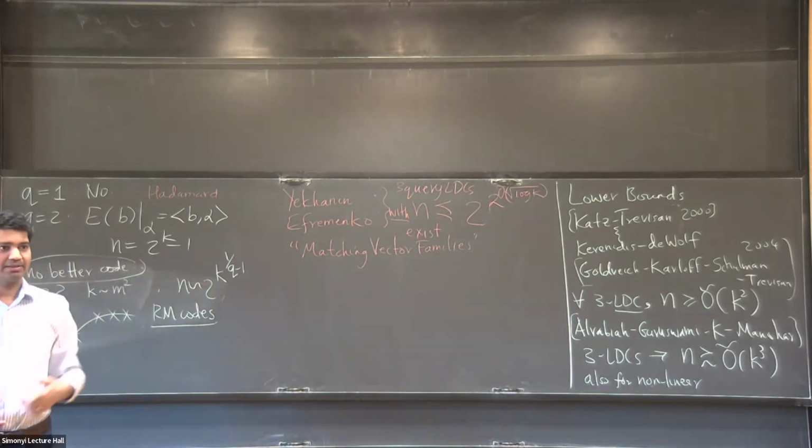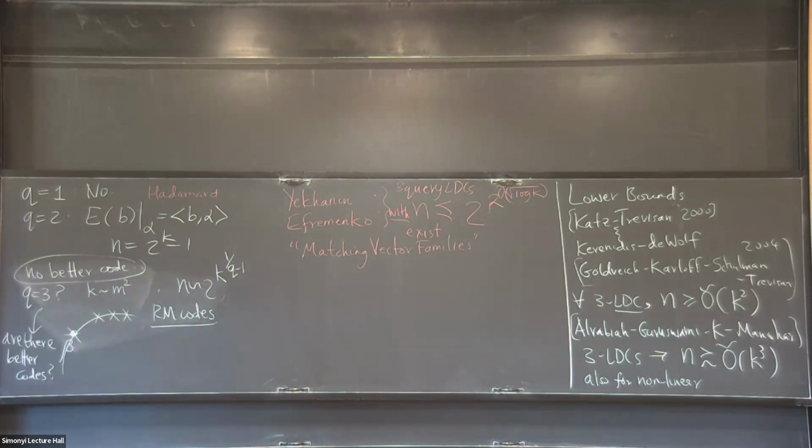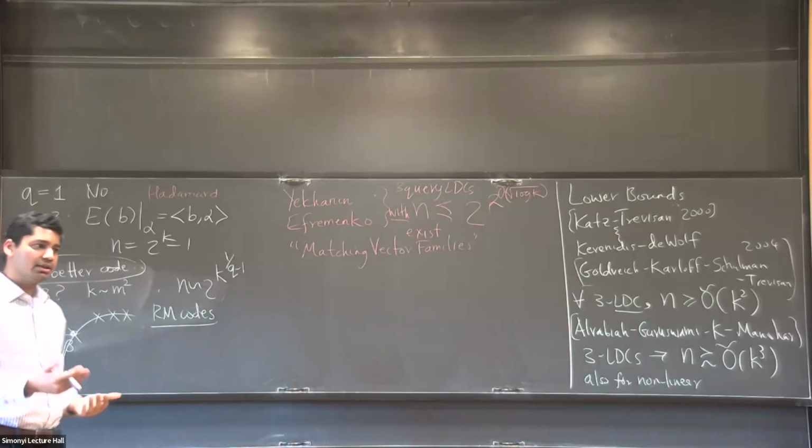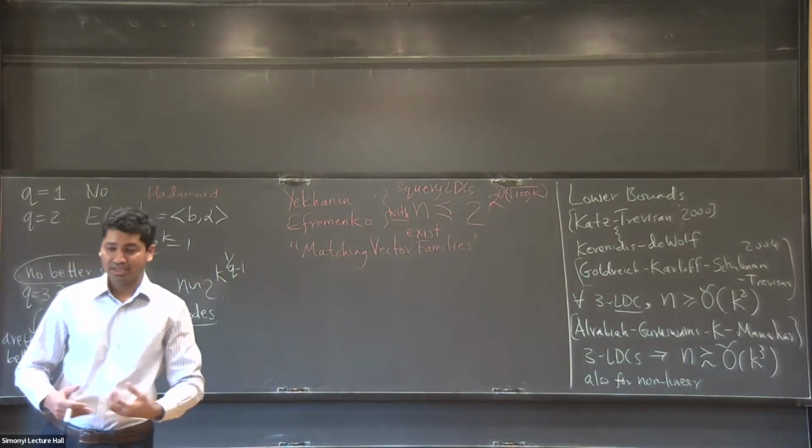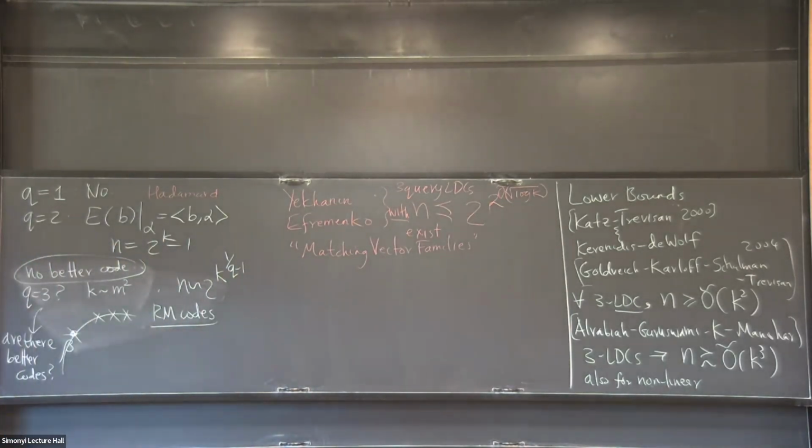Zev has a paper with Avi and Shubhangi, I think. Oh no, I think with Gopi. There are multiple works that try to formalize what is going on in the proof techniques for lower bounds. They show that these techniques actually work for slightly more general objects than LDCs, and for them the lower bounds are tight.